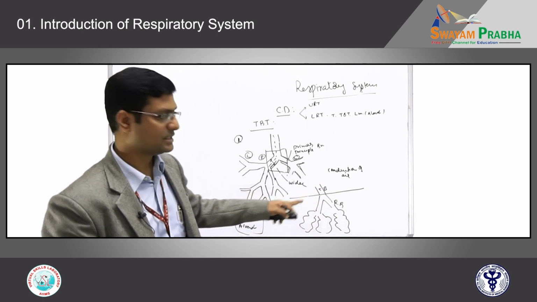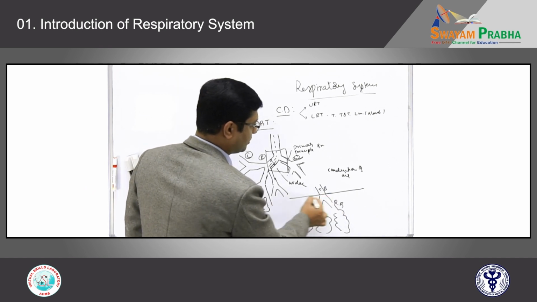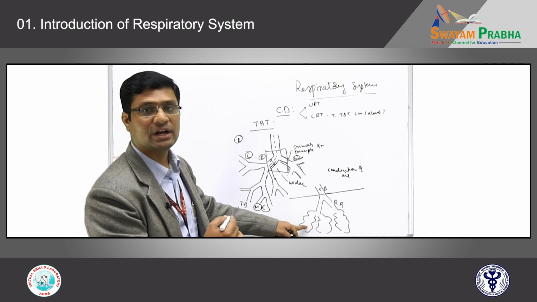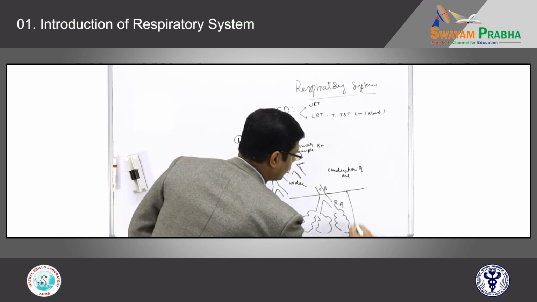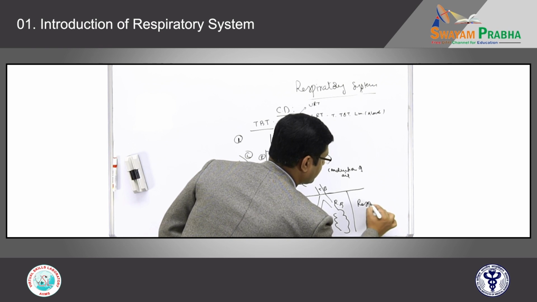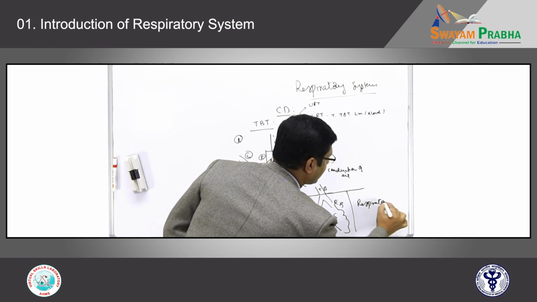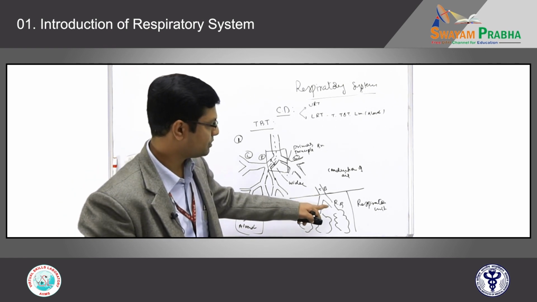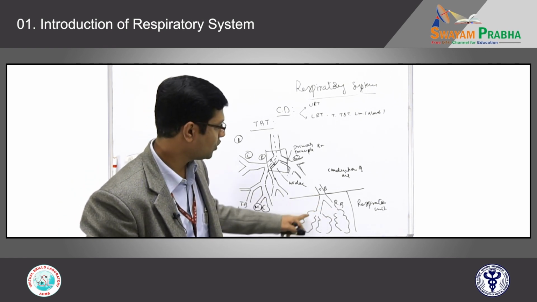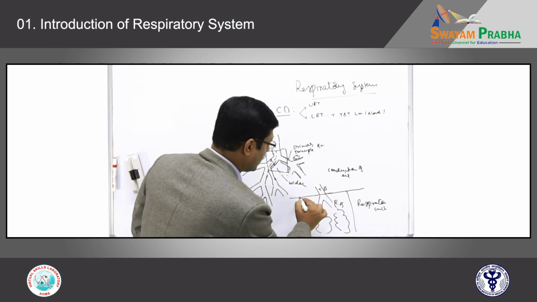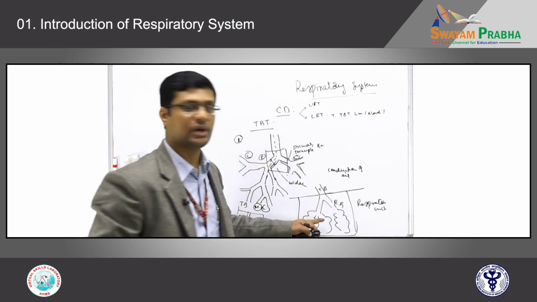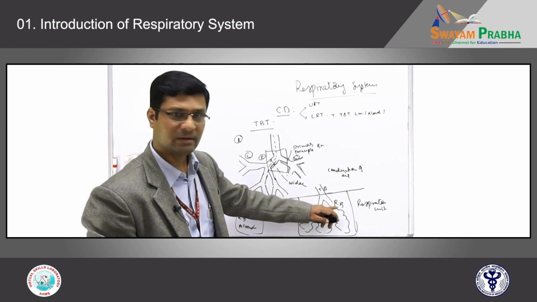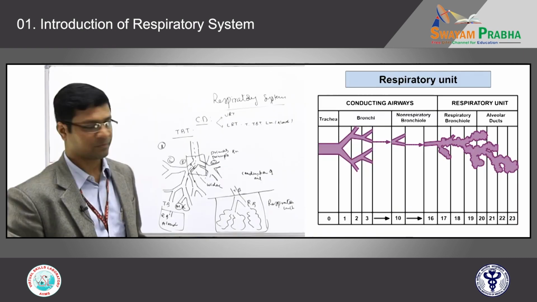Actual diffusion of gases takes place after the terminal bronchioles, that is, in the respiratory bronchioles and alveolar unit. Hence, this part we call the respiratory unit. One terminal bronchiole leading into a respiratory bronchiole, with its branches along with a bunch of capillaries, is one respiratory unit. Like this, we have numerous respiratory units throughout the lung parenchyma. Do all of you understand? See the picture.